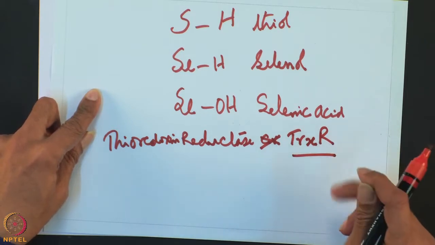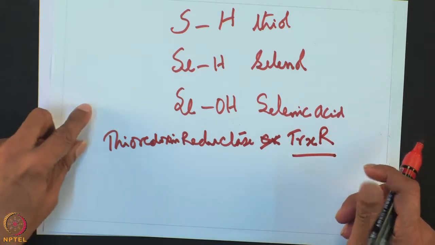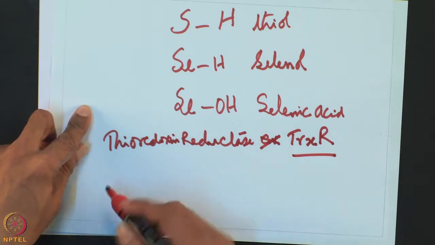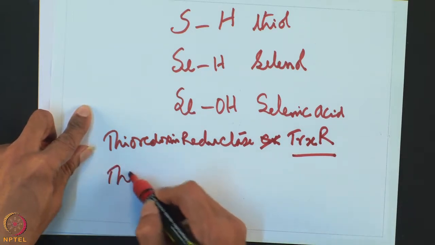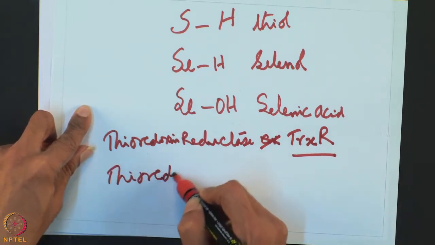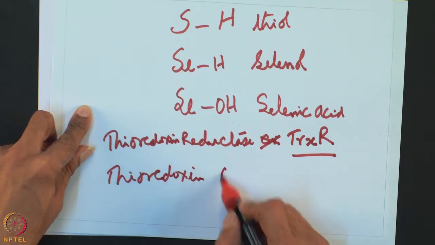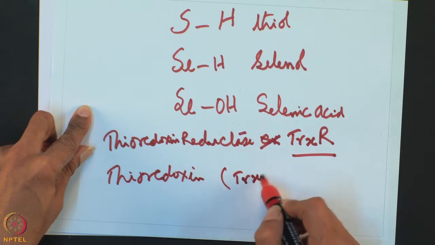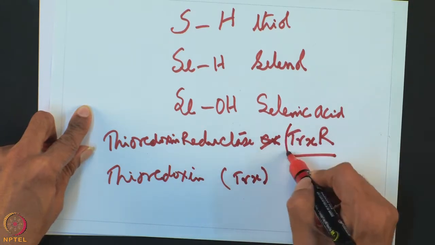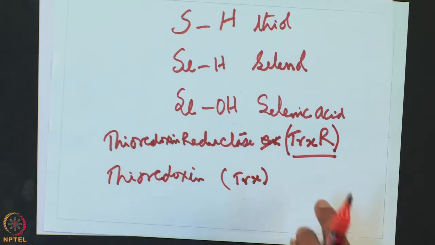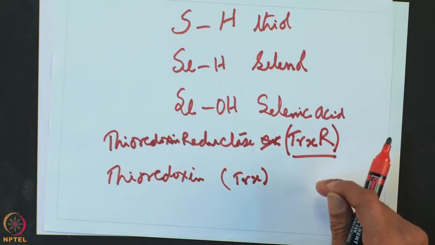So, this will be thioredoxin, and then you have the thioredoxin reductase. Thioredoxin is referred to as Trx, and this is referred to as TrxR. And so, what will it do?